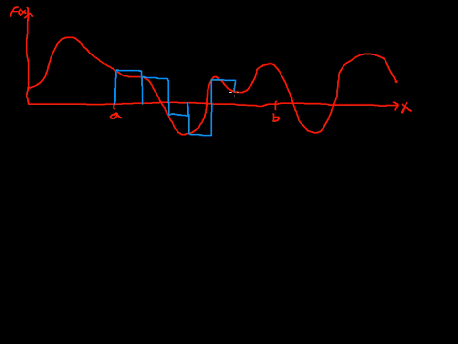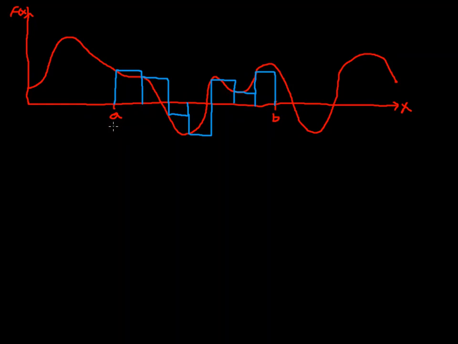As I do this, we're going to add up the areas of all of these rectangles to approximate the area under the curve between a and b. So we can do our final rectangle right here. You can see this is an okay approximation. It's not amazing, but it's all right.